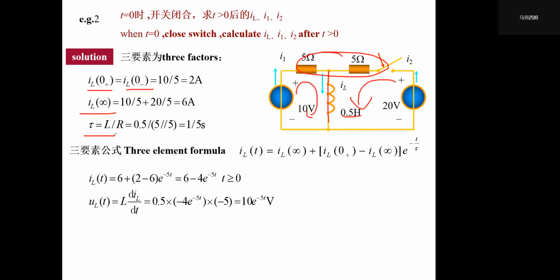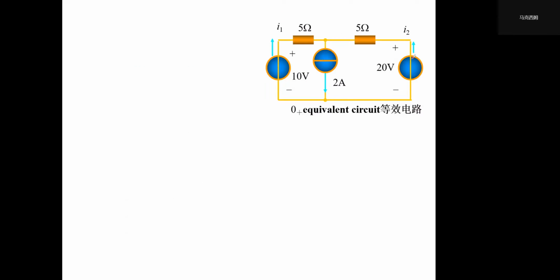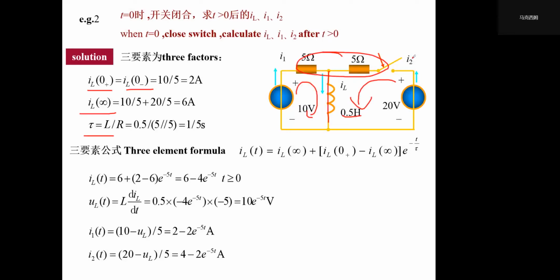We have the UL, and (10 minus UL) over 5 is I1. The other one is simple: (20 minus UL) over 5 ohm is the I2. So we now know the values of IL, I1, I2.